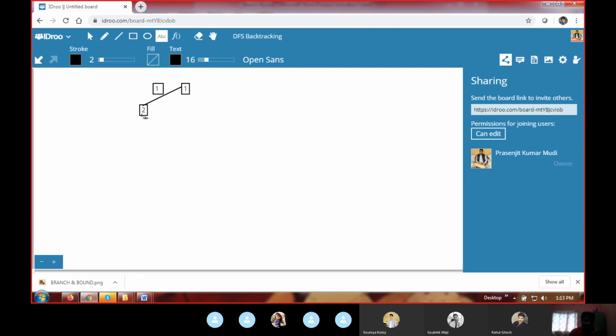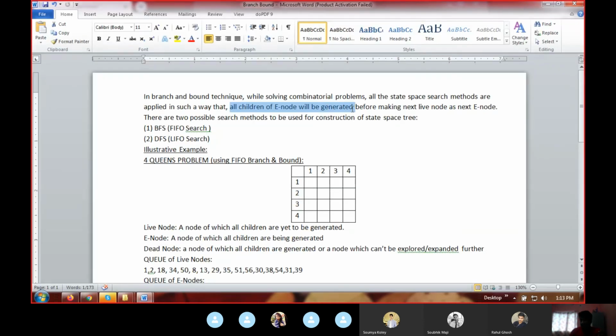So this is DFS backtracking, but not DFS branch and bound. So here is the difference. What is the difference? In branch and bound, all the children will be generated first before making the next live node the next E node.